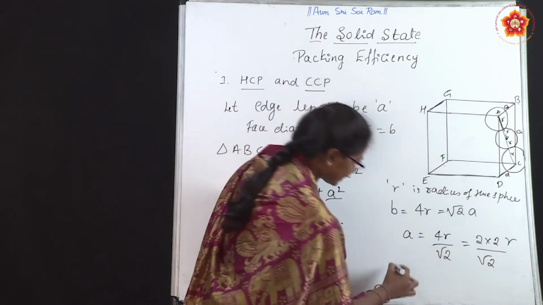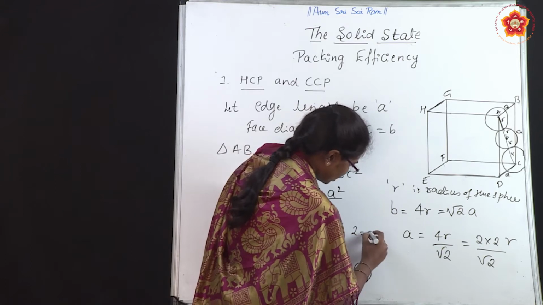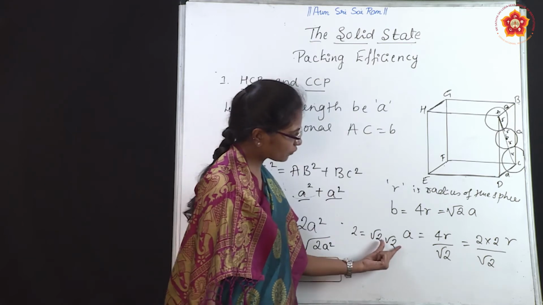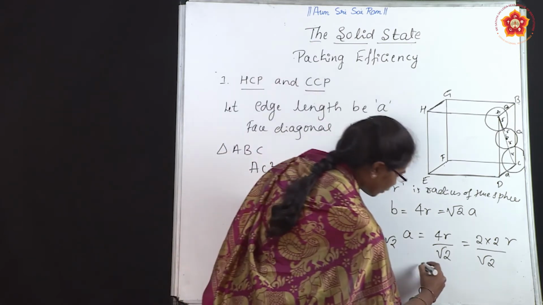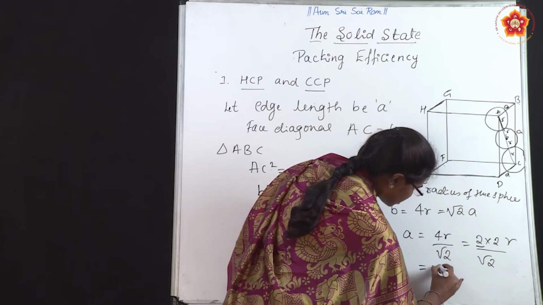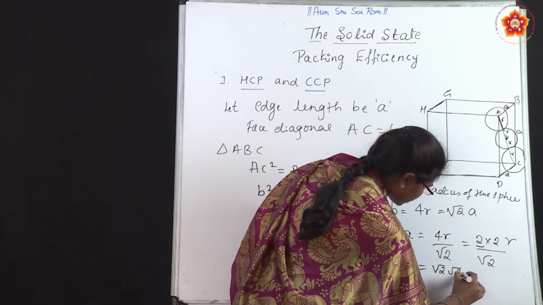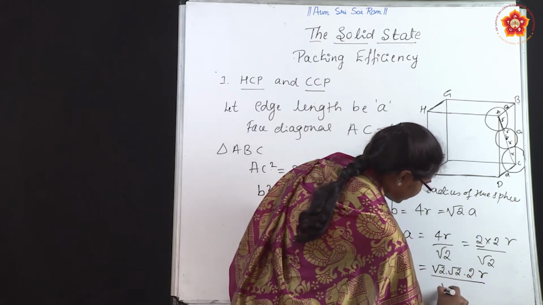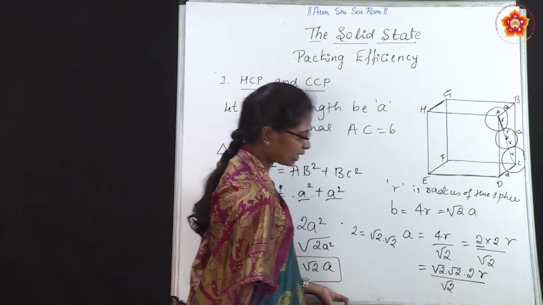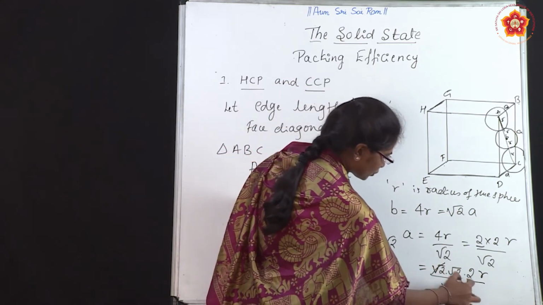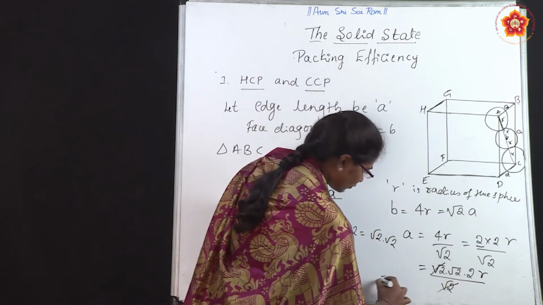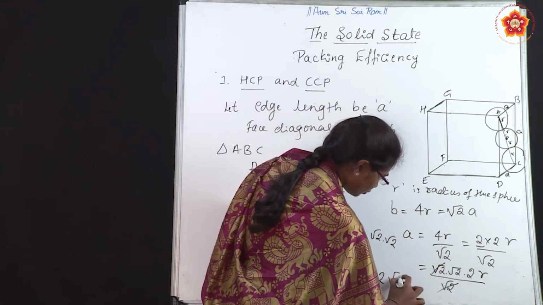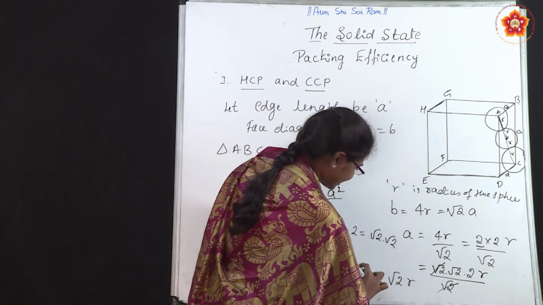In mathematics we can write 2 as square root of 2 times square root of 2. So now I will write one 2 as square root of 2 into square root of 2, and again 2 r divided by square root of 2. So one root 2 gets cancelled. So now I will write this as 2 root 2 into r.